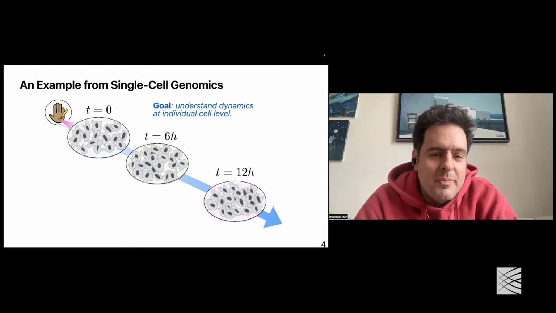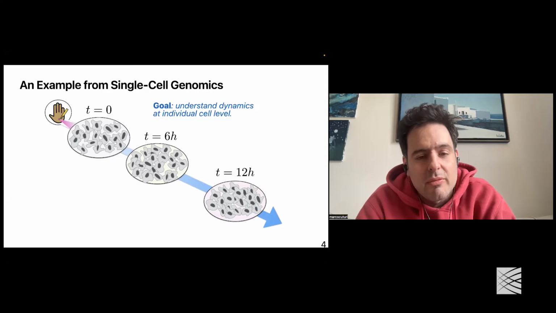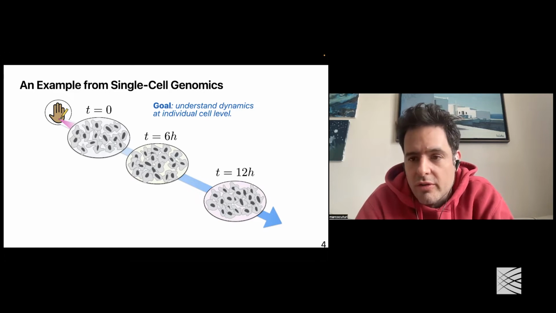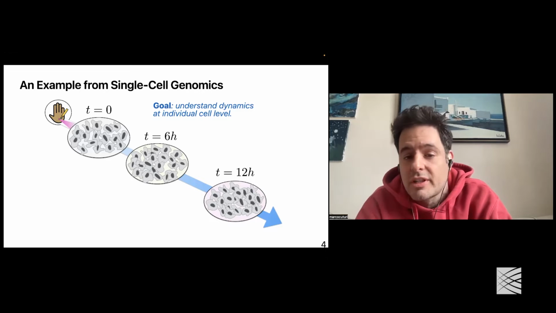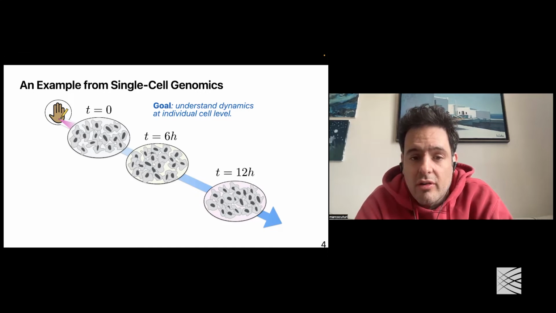So when you have these populations of cells, one of the goals you might have is to reconstruct, from these trajectories, the individual trajectories of each cell.